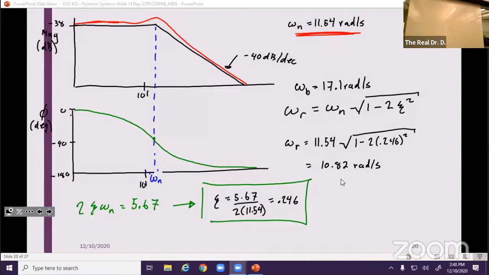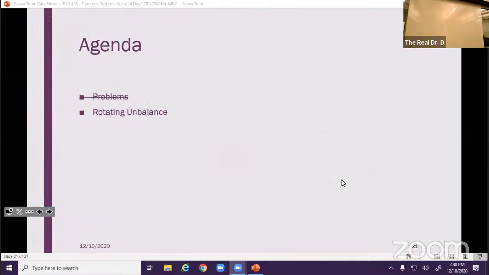All right, we do have a little time. So we'll talk a little bit about what rotating unbalance is. The next class, we will talk about how we calculate rotating unbalance. Then we will do our case study, which will be more MATLAB heavy than hand calc heavy.